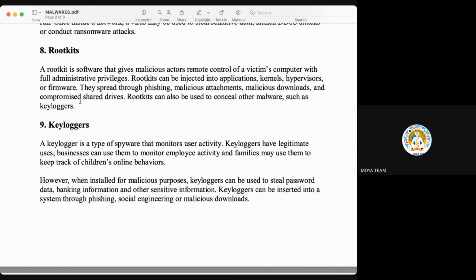So in so many ways, they destroy your confidential data and disrupt the system or the network use. So all these, and many more, are there.